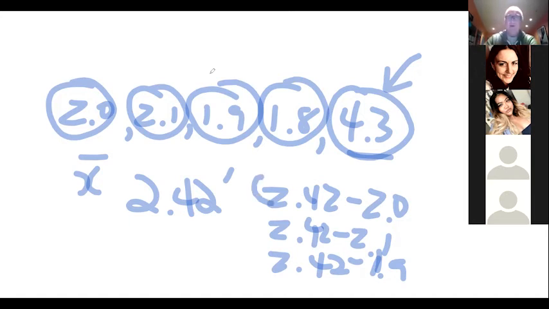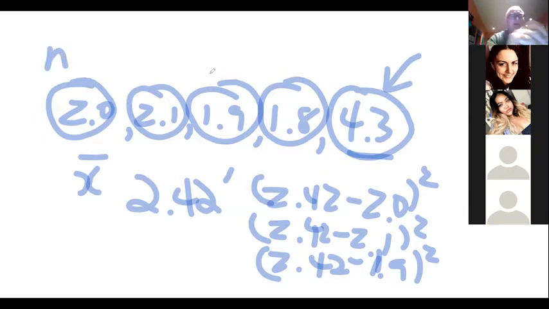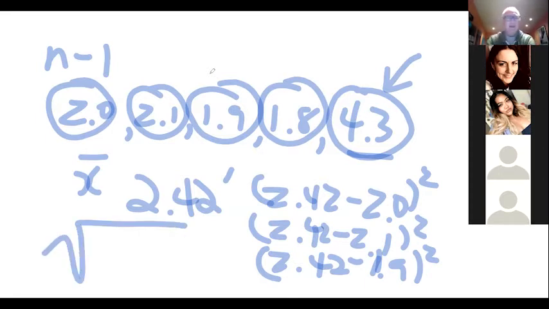We're going to square them, add them all together, divide them by the number of measurements minus 1, and then take the square root of the whole thing. And that will give us the standard deviation. Okay, does that seem straightforward?